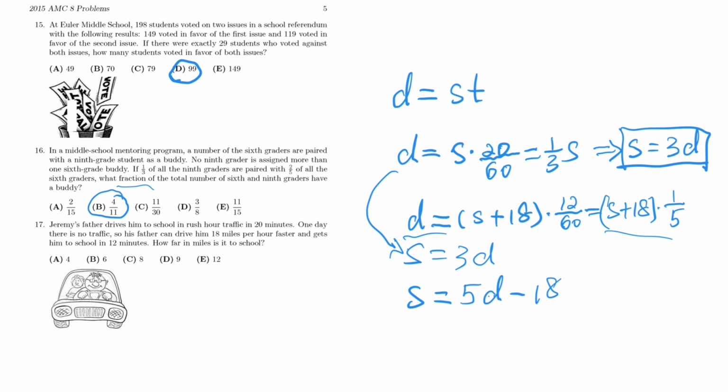So now from these two equations, we use equation 2 minus equation 1. That's 2 distance minus 18 equals 0, and the distance equals 9. So the answer is D.